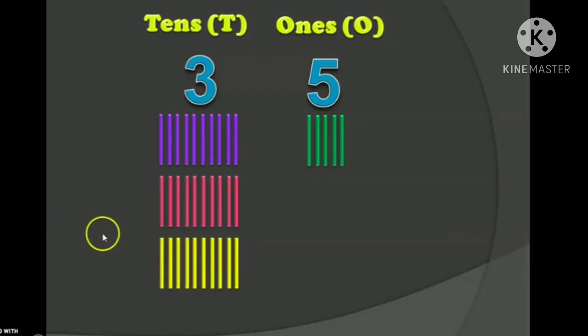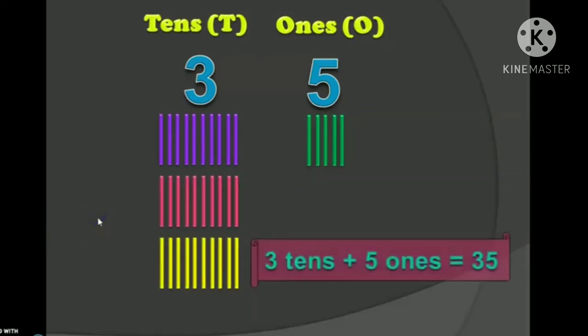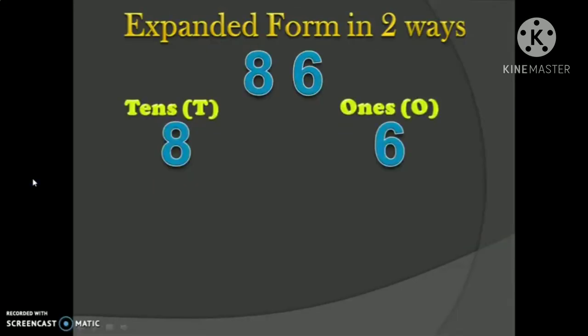So the other way of writing the expanded form is 3 tens plus 5 ones, which makes 35. Expanded form of a two-digit number in two ways quickly.